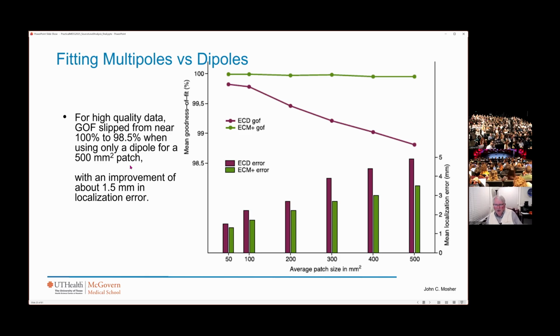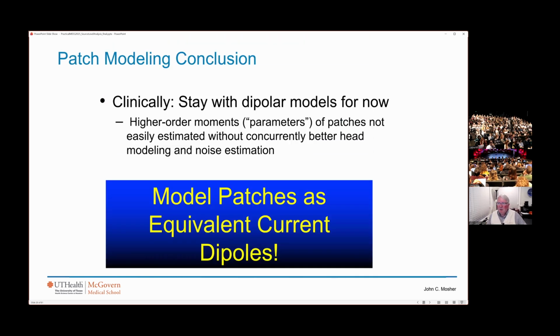And when we actually looked at the difference in the localization error between where the dipole fit the patch versus the quadrupole fit the patch, we had a 1.5 millimeter improvement in localization error. We don't have that kind of accuracy in general. So at least clinically, because I work with a lot of epileptologists, when they say, why am I using just a current dipole? Because this is what is used day in, day out for modeling epileptic spikes.